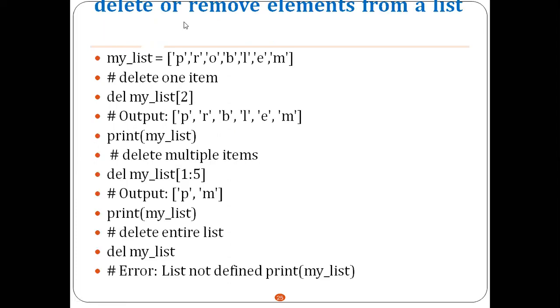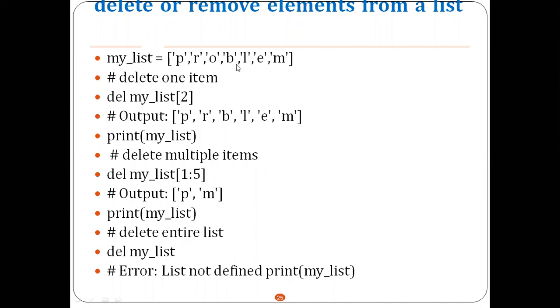There is one more example, called deleting or removing elements from the list. How to delete or remove elements from the list, right? Here is one function called delete, which is going to remove an element from the list.